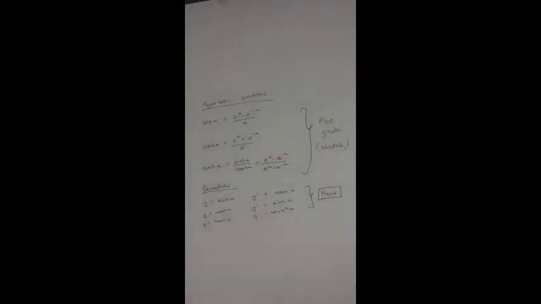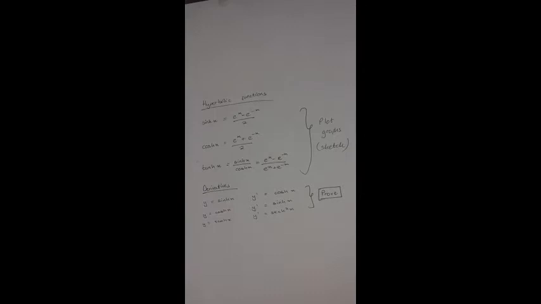Lastly, we'll talk about hyperbolic functions. For hyperbolic functions, you have to know the general definition of sinh x, cosh x, and tanh x. For sinh x, it will be e to the x minus e to the negative x over 2, and you have to know how to plot it.